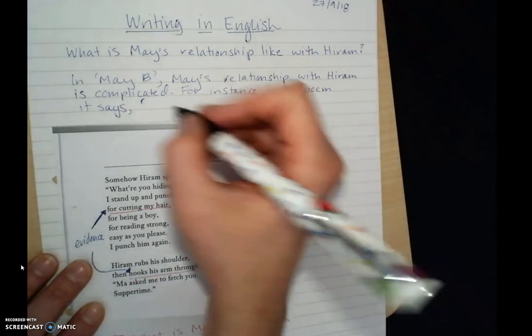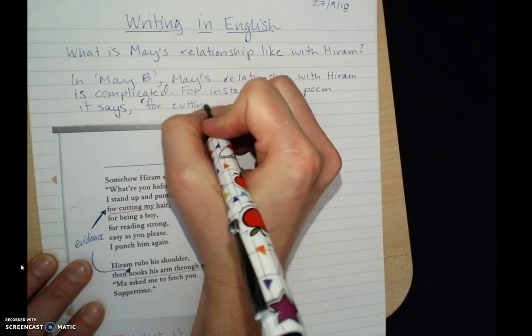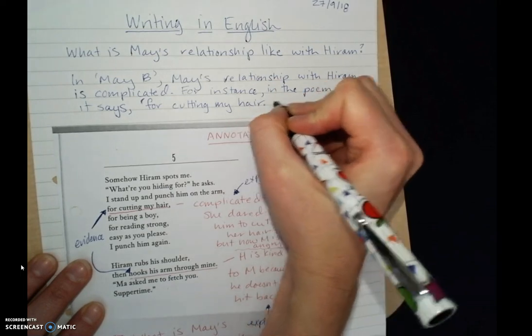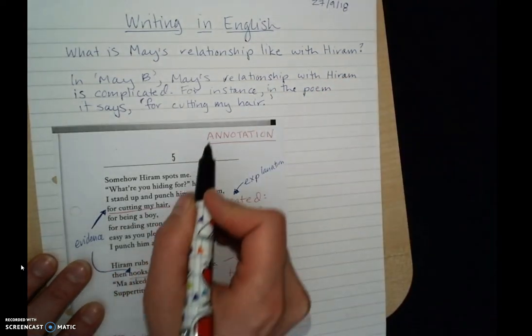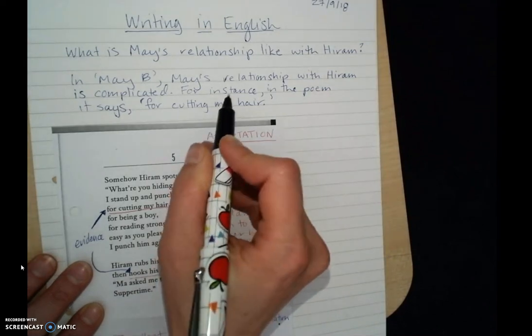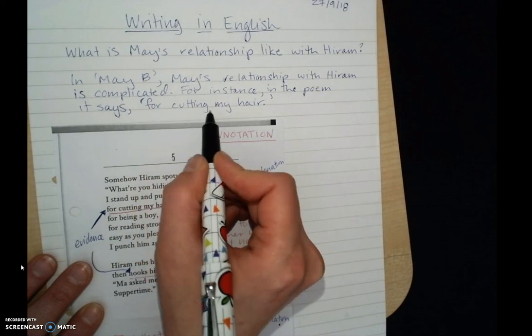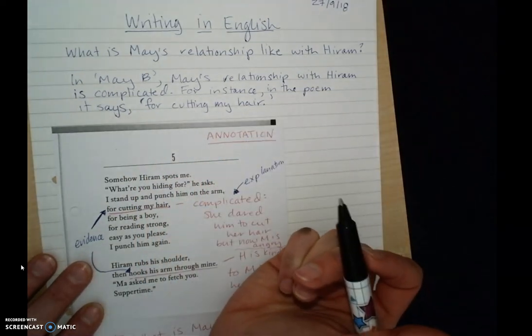And then I copy it exactly. For cutting my hair. So all I've done is I've taken this bit of evidence right here and I've copied it right there. I just introduced it by saying, for instance, in the poem it says, for cutting my hair. Full stop, end quote. So I've given the evidence.